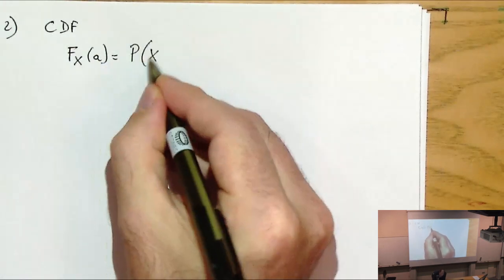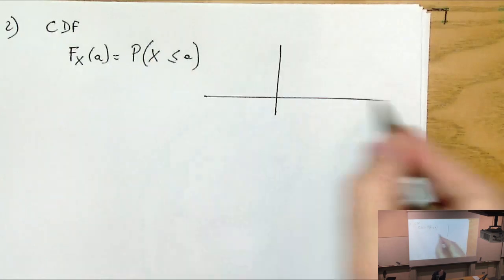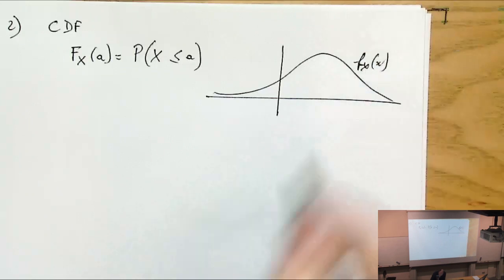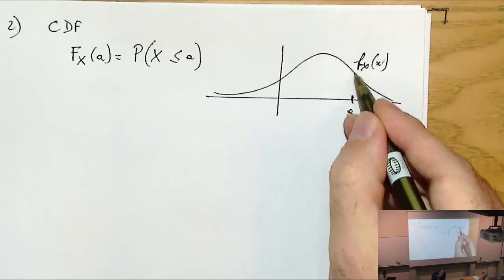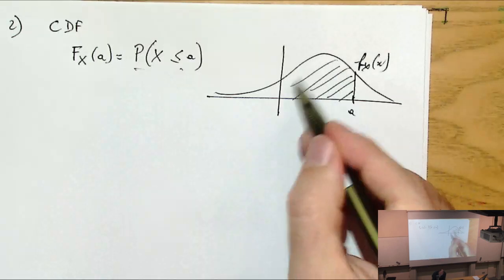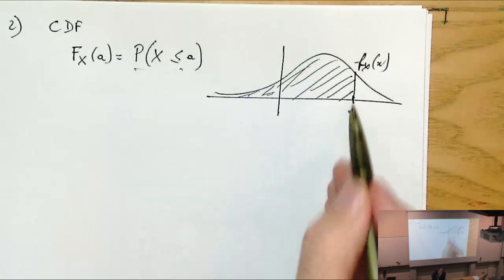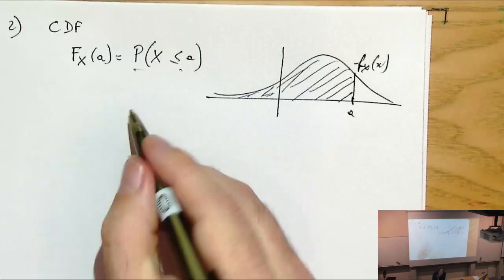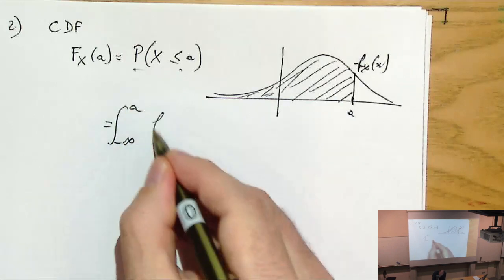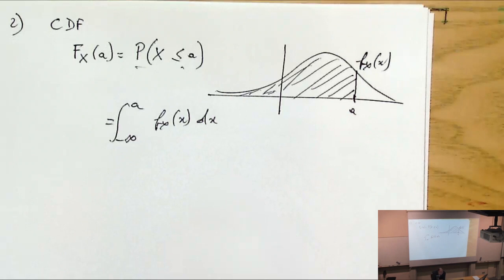It is the probability that x is smaller or equal to A. So if I have a probability density function and a certain value A, what I'm looking at is this whole area here, the probability of x being smaller than A. I integrate between minus infinity and A this probability density function fx of x.